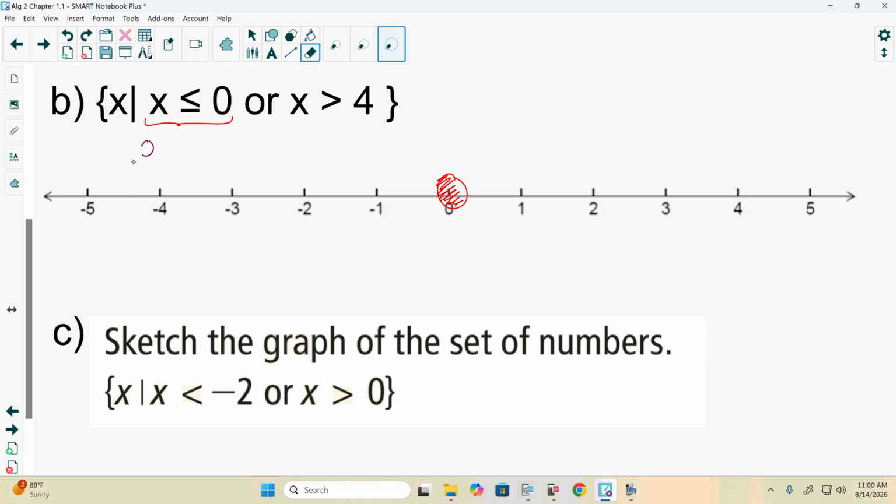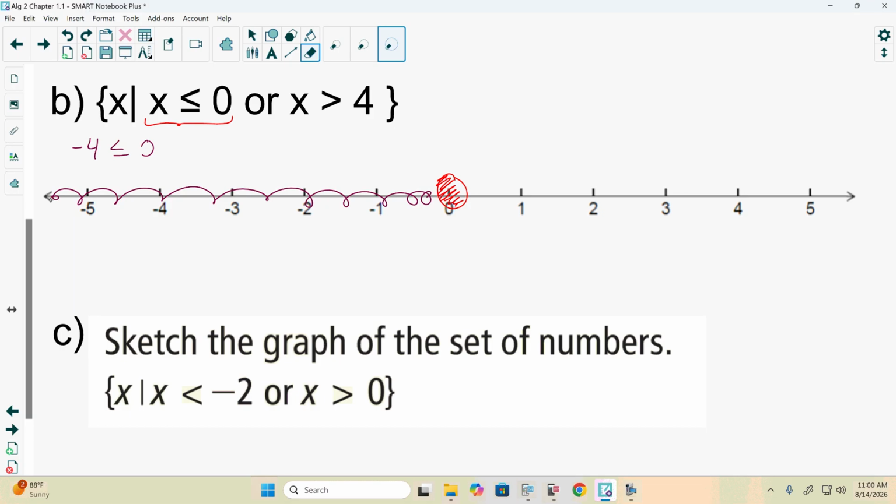So let's pick a number going the other direction. Well, let's say negative 4. Is negative 4 less than or equal to 0? Yeah. So that's included in the shaded region, which means we have to shade this way here. Now the question is, could we have done that on the previous one? And yes.